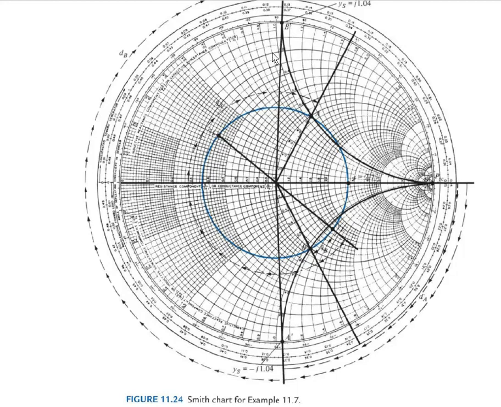After getting that, you measure the distance from PSC, the short circuit point, to A dash, and that is the stub length at A, that is dA. You can measure the distance from PSC to B dash, that is dB.